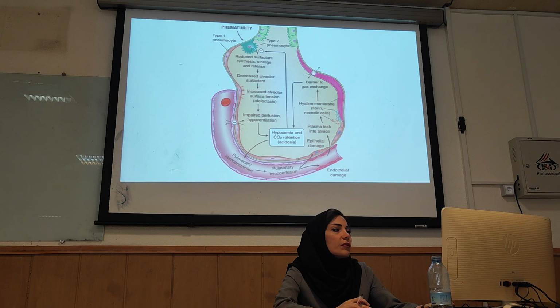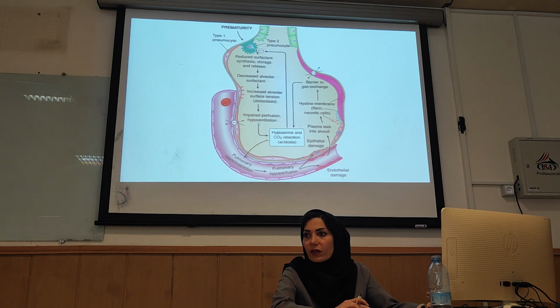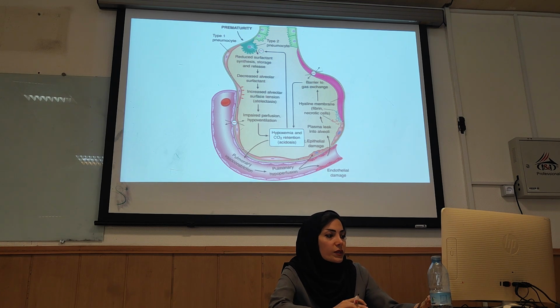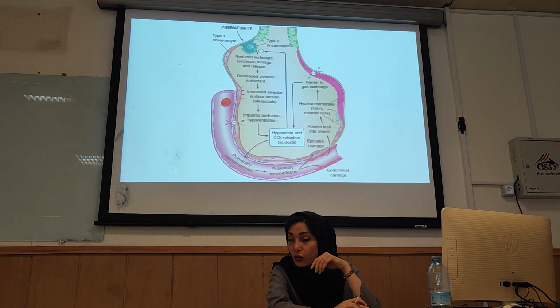Prematurity leads to the inability of type 2 pneumocytes to produce surfactant. So reduced surfactant synthesis, storage, and release lead to decreased alveolar surfactant, increased alveolar surface tension causing atelectasis, and impaired perfusion and hypoperfusion, hypoventilation, hypoxemia, and CO2 retention.